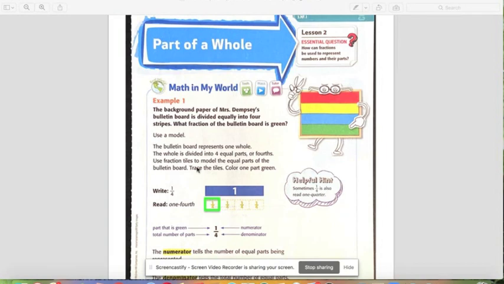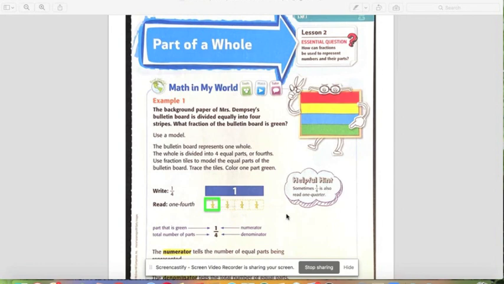And so the question is, what part of the board is green? Or how much of this bulletin board is green? So if this blue box here represents the whole bulletin board, it is 1 bulletin board. And that bulletin board is divided into 4 pieces, 1, 2, 3, 4 pieces or parts.